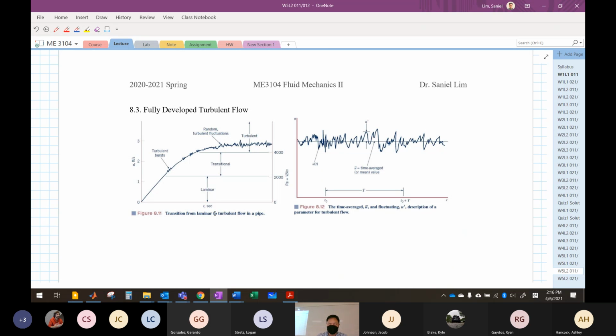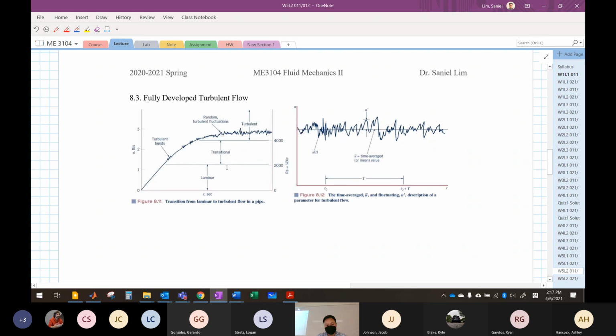I think that will be good enough, especially for the lab and this chapter. If you are more interested in turbulent flow, of course we're going to talk about it, but mathematically it's going to be a little bit challenging. Also, it's not going to give you the exact solution anyway. You have to run numerical analysis or design experiments to measure it for every single problem. That's actually the issue.